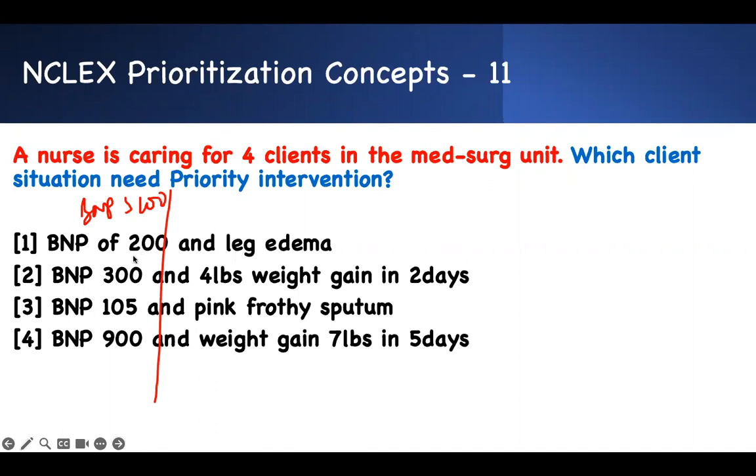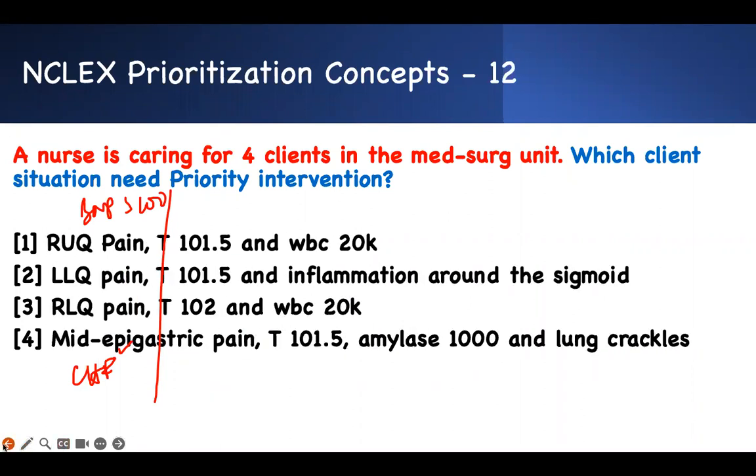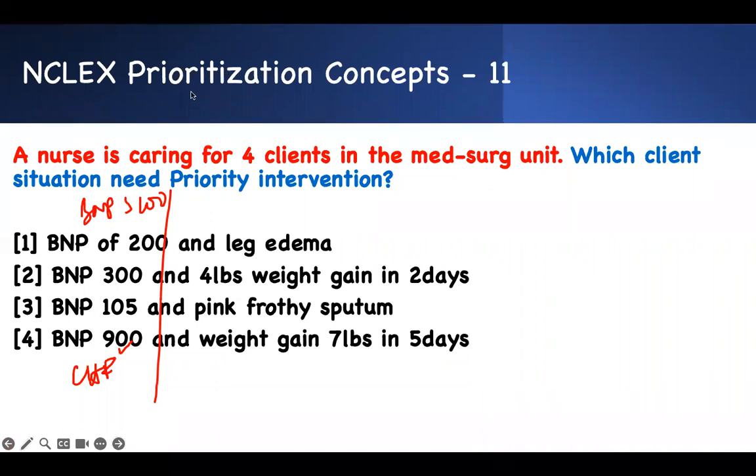So with a BNP of 200, you have CHF. That means all these people have CHF. The number doesn't matter, whether it's 900, 1 million, 1,000, whatever. Don't worry about it. What is the situation? I have CHF, I have leg edema. Well, that's fine. That's what I expect, right? That's what is expected. So don't worry about it.